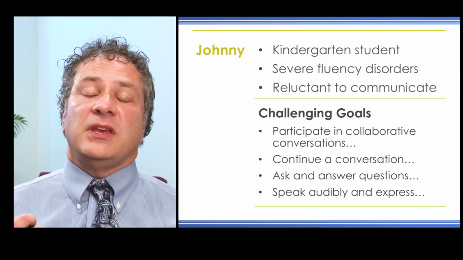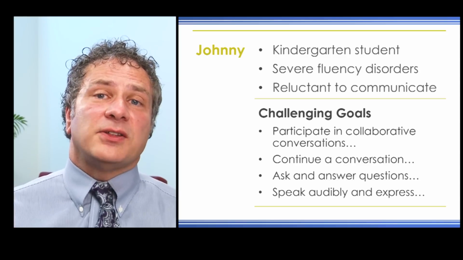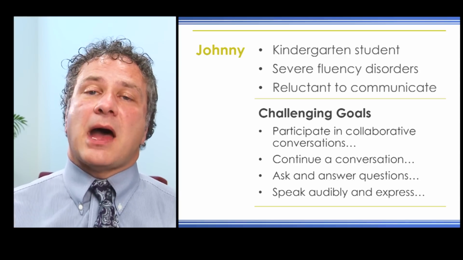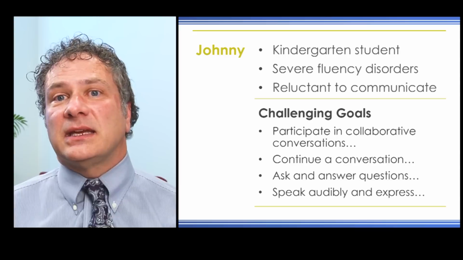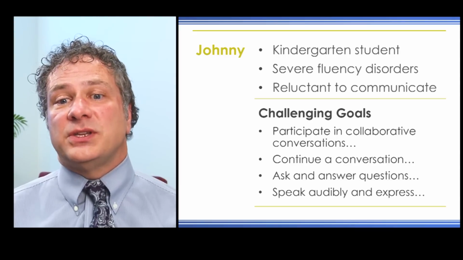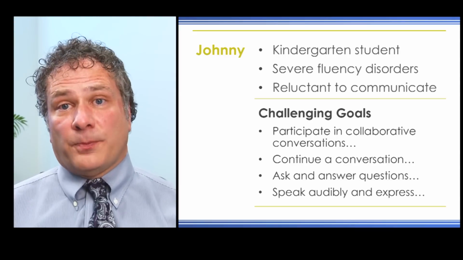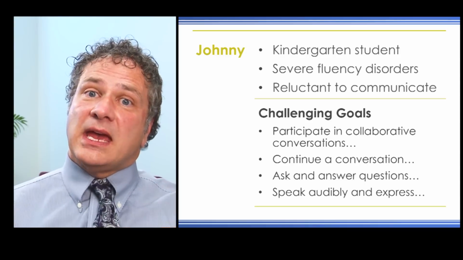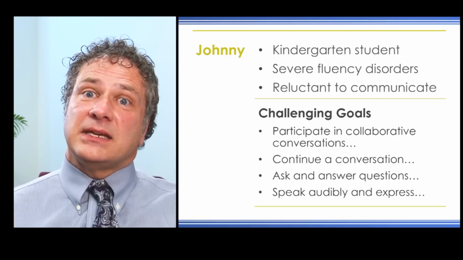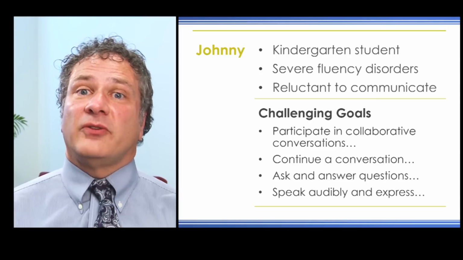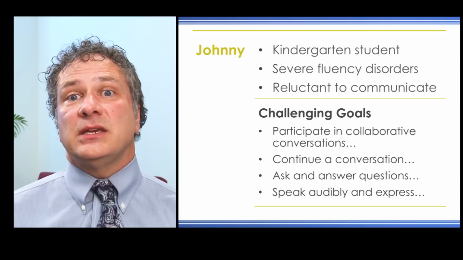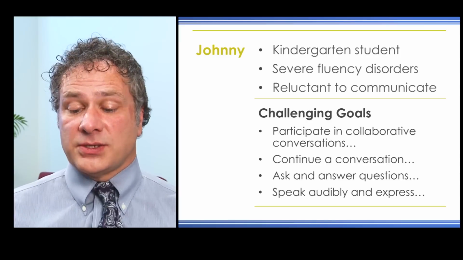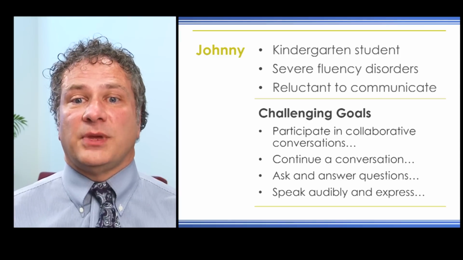He verbalized that he felt some negative feelings about responding in class, and so he didn't want to do that. So you can see that he had a fluency disorder, and it was negatively impacting his ability to succeed in that classroom for a variety of reasons, and he was not wanting to respond, so that certainly would impact him.